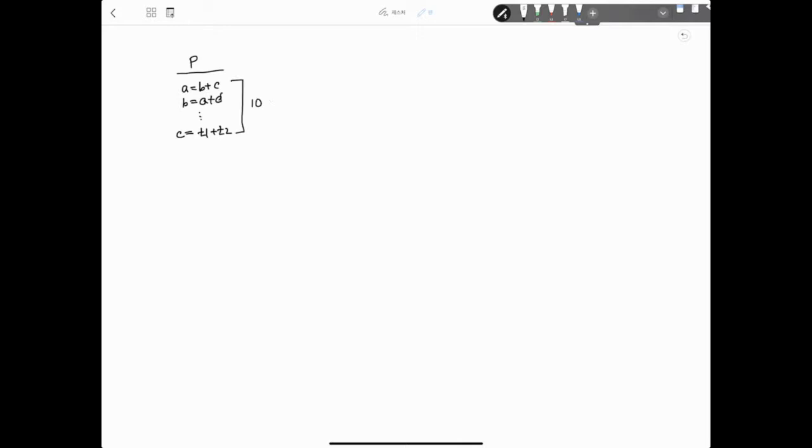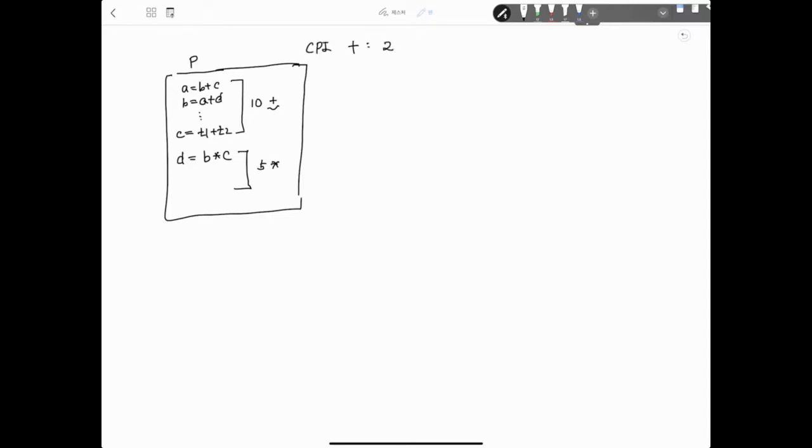There are 10 plus operations and 5 multiplications. Let's assume that for the plus, the CPI is 2 cycles, and multiplication takes 5 cycles. Then what about the average CPI for this program P?